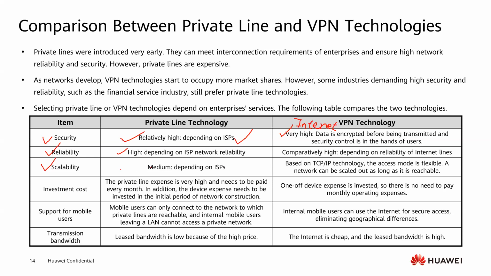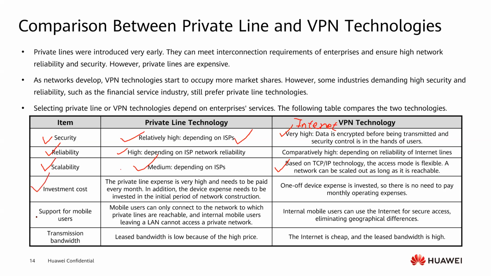And the access point is not that AP, I mean the fixed network access point. For the Internet VPN, the scalability is quite okay because basically you buy the internet and you can create it. And for the investment cost, the private line is of course very expensive, and internet plus VPN is much cheaper, because if you rent the internet, it's very cheap.